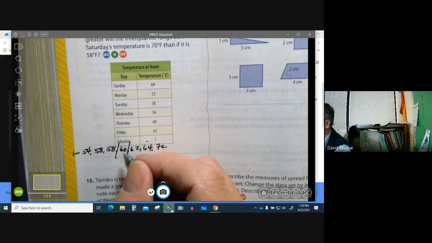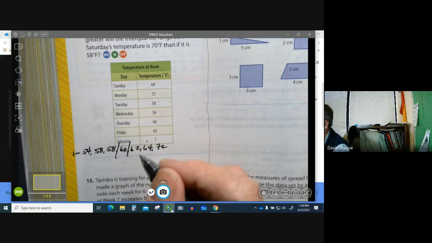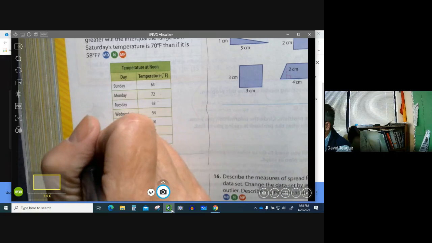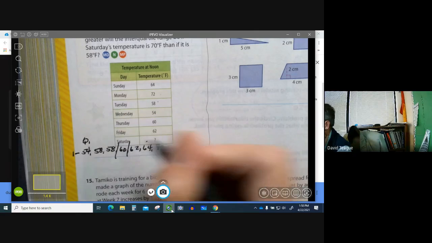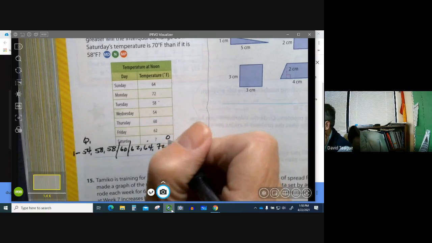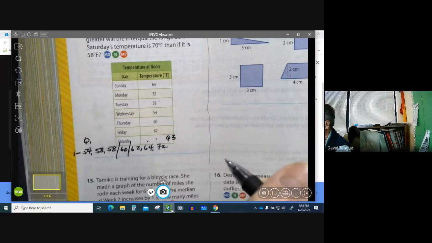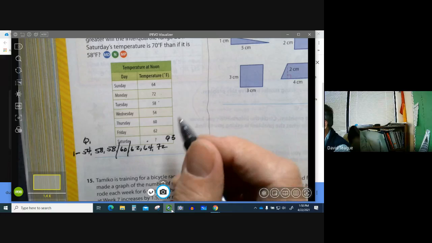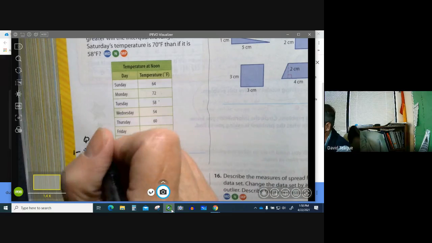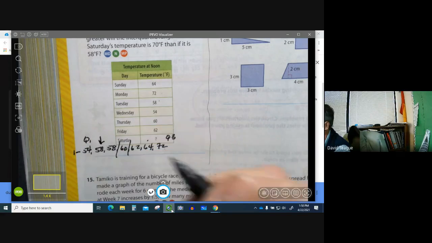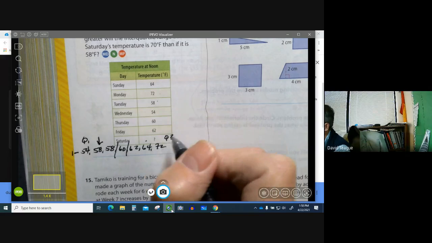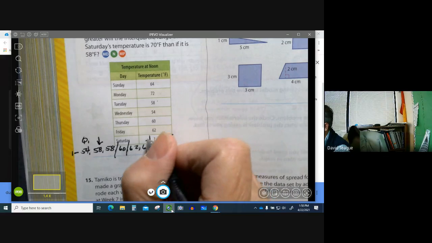But we're not looking for the median, right? We're looking for the interquartile range. Well, we know this is quartile 1 on this side. We know this is quartile 3 on this side, and we need to find the median of each quartile. Well, the median for quartile 1 is 58, and the median for quartile 3 is 64.